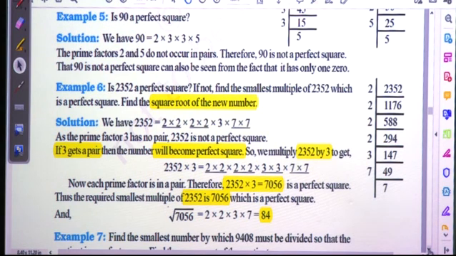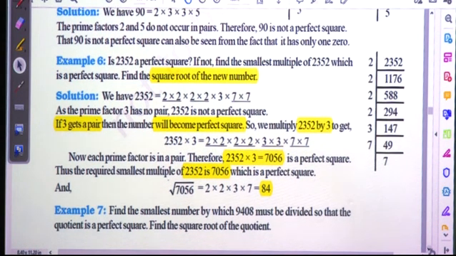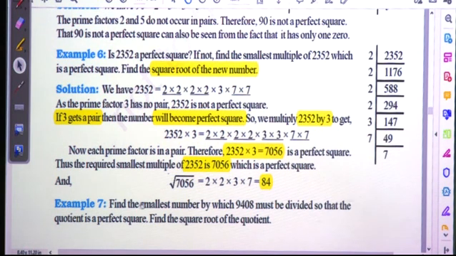Proceeding further, example 7. Find the smallest number by which 9408 must be divided so that the quotient is a perfect square. Find the square root of the quotient. What is the question?